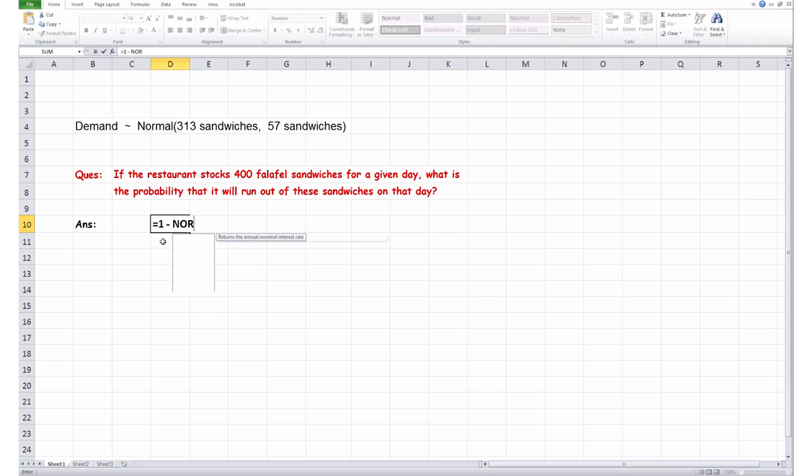So 1 minus norm.dist open parenthesis 400, comma the mean 313, comma the standard deviation 57, comma and then the word true, close parenthesis. So the answer is 0.0635 or a 6.35% chance. So this is the probability that the restaurant will run out of falafel sandwiches on a particular day, a chance of 6.35%.